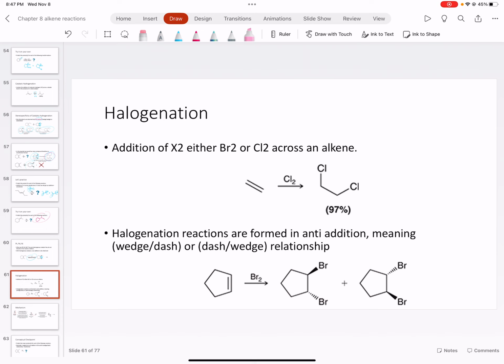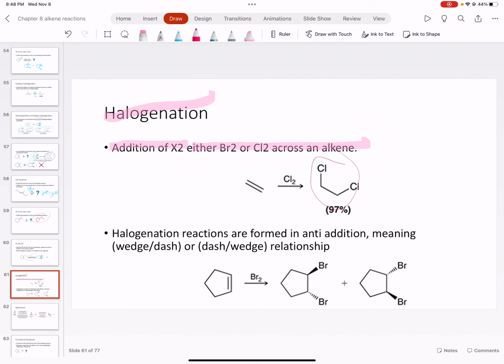So you also have halogenation, which is an addition of halides, either bromine (Br2) or chlorine (Cl2), across an alkene. So you can see that across a double bond, we just broke that double bond and we added chlorine or bromine.